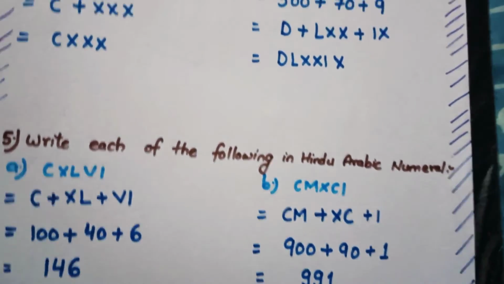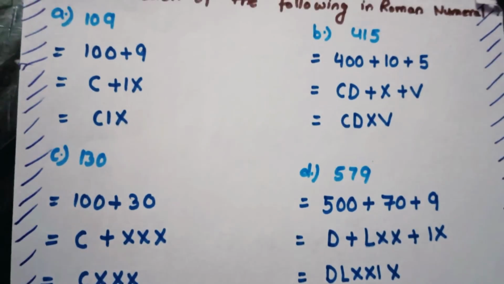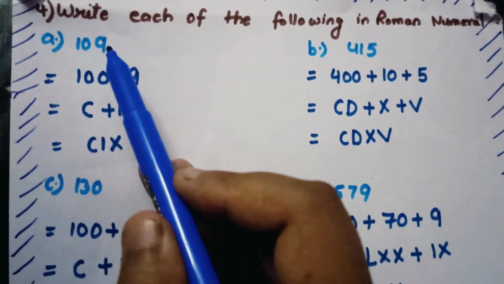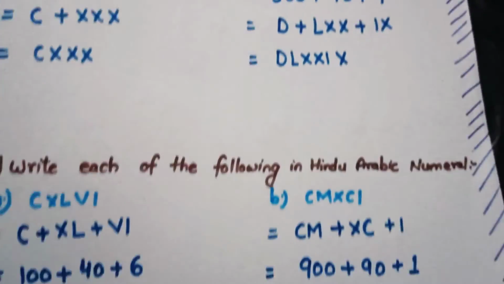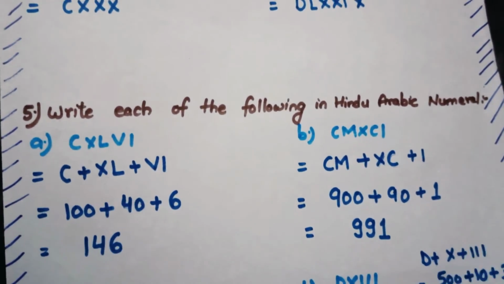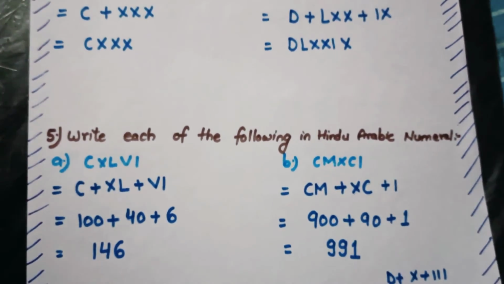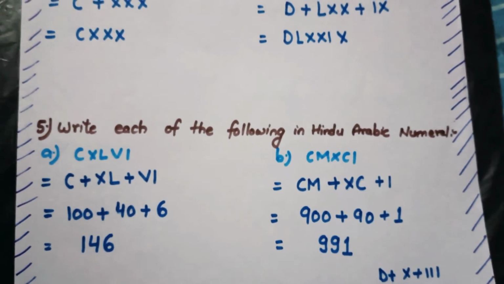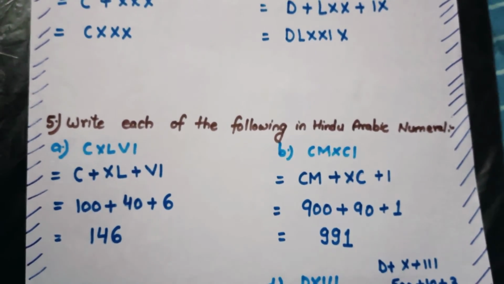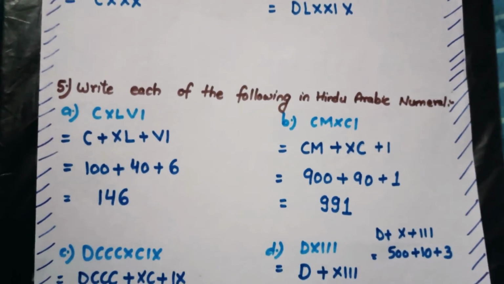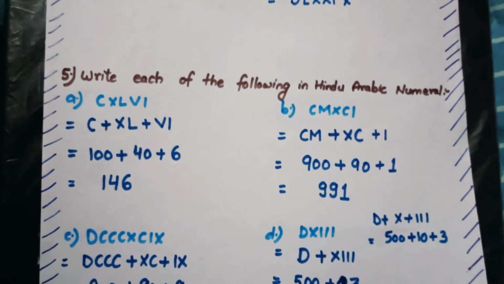Okay, so this is how, students, we have converted Hindu Arabic numerals to Roman numerals and Roman numerals to Hindu Arabic numerals. It is very easy. It is just that you have to learn all the Roman numerals by heart. Once you learn it, you can solve it easily within seconds.